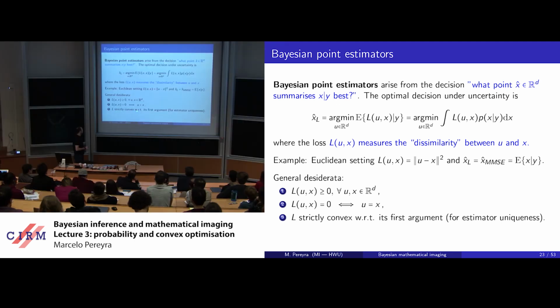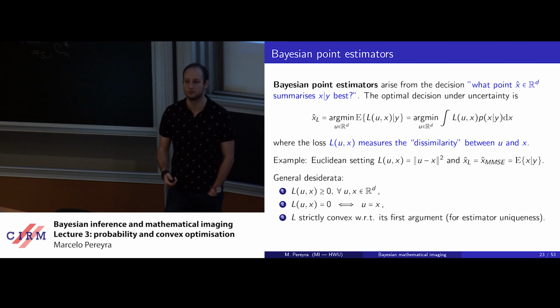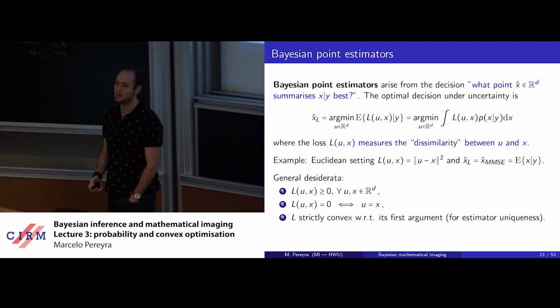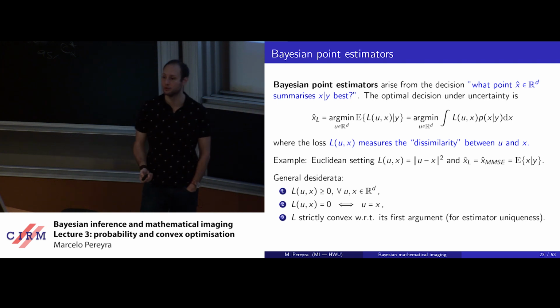And we want it to be strictly convex with respect to its first argument, because otherwise we don't have estimator uniqueness. There are good loss functions that are not convex with respect to the first argument, but if we don't have that, then we expose ourselves to estimator non-uniqueness, and then we would have to do some extra work to analyze what happens in that case, and potentially decide what estimator we're going to report if there's more than one solution.